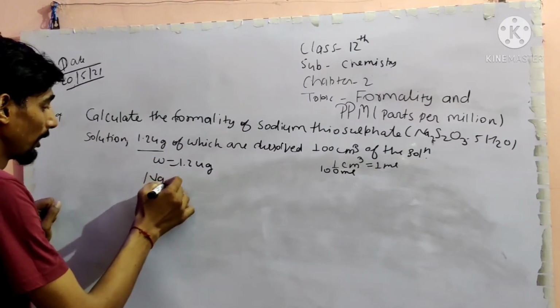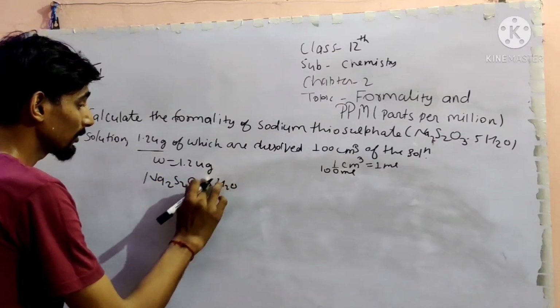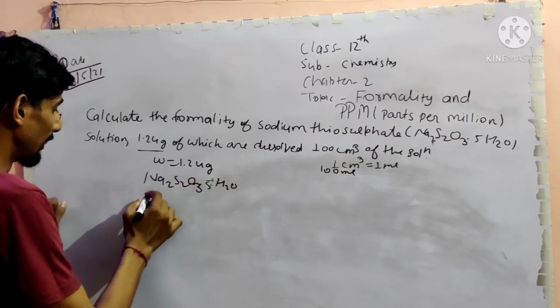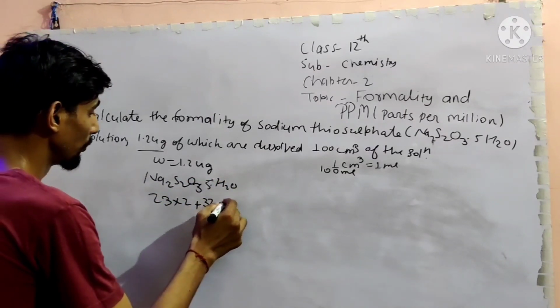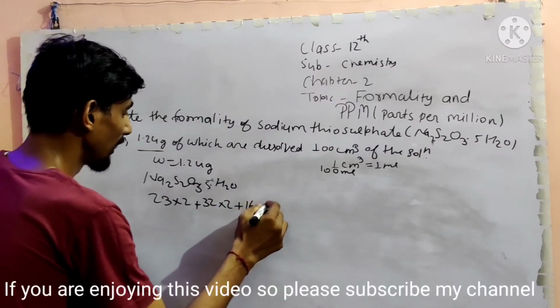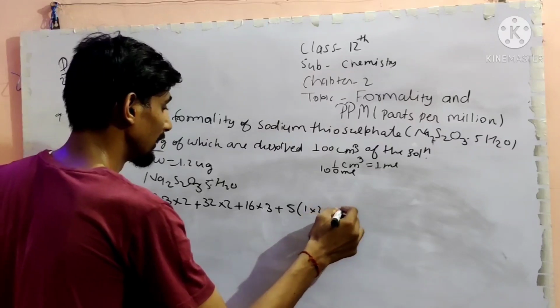So Na2S2O3.5H2O: 23 into 2 plus 32 into 2 plus 16 into 3 plus 5 into (1 into 2 plus 16).